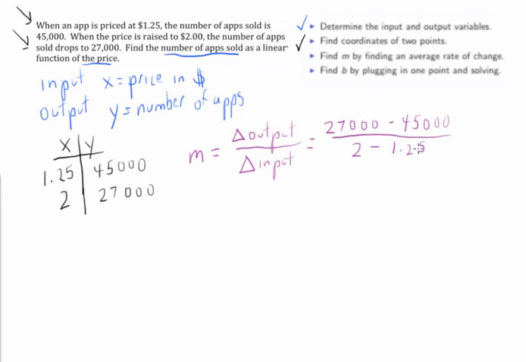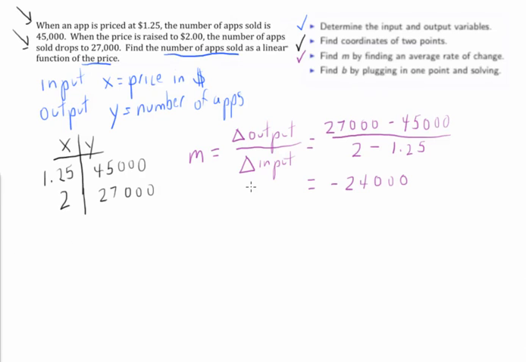And if you do this on a calculator, what you will get is a negative value. That will be negative 24,000. Check, we have found our m.